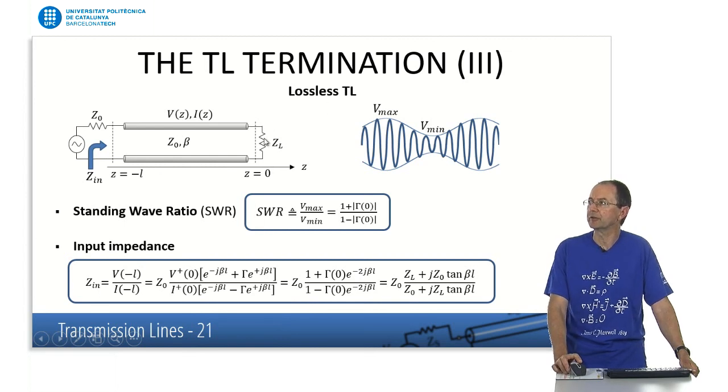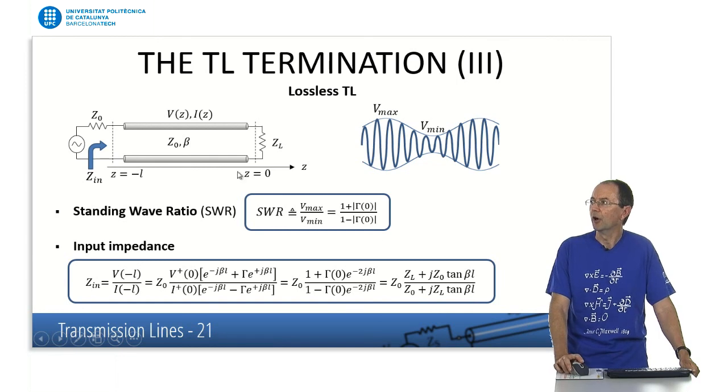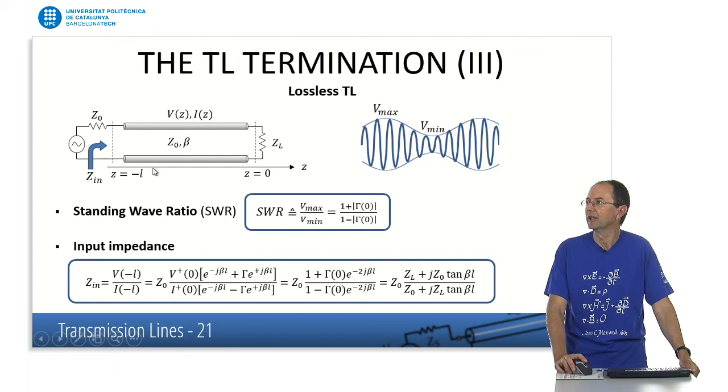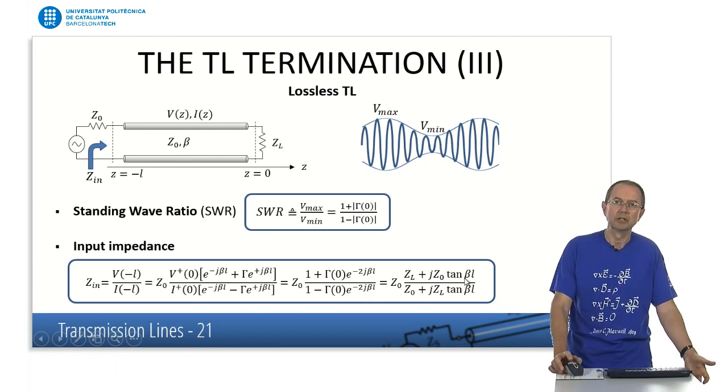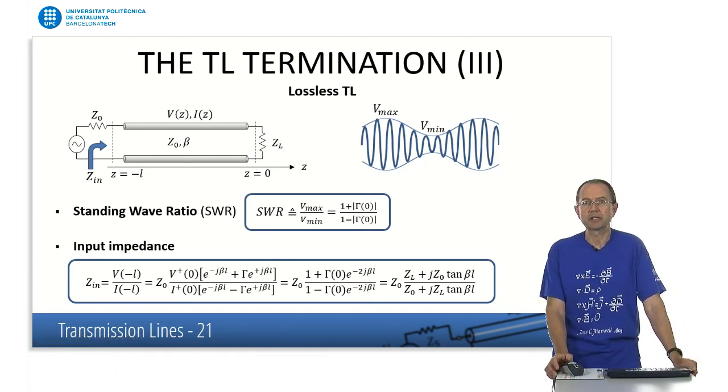So if you have this reflection coefficient and you want to know what impedance this generator is seeing at the input port of the line, it is given by this expression, and it depends on the characteristic impedance of the line, the termination impedance, and also the length of the transmission line and the beta parameter, which is related to the frequency of the signal propagating along this line.